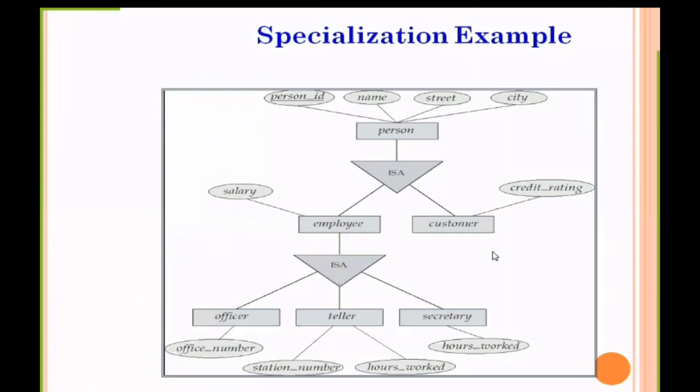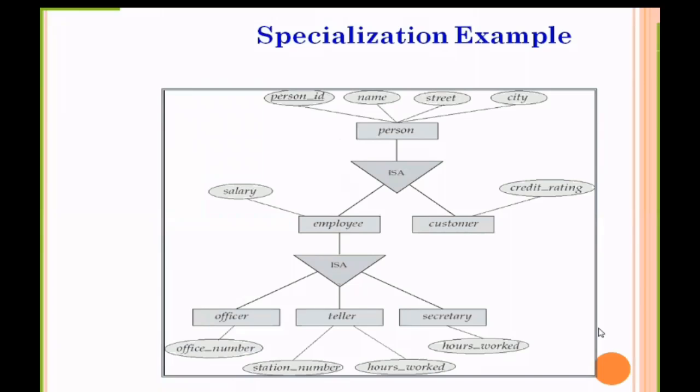Further, the officer table, teller table and secretary table, all these three tables are inheriting the properties of the employee table.